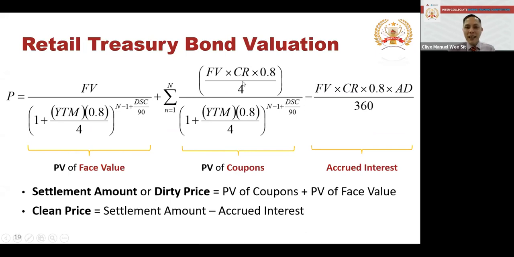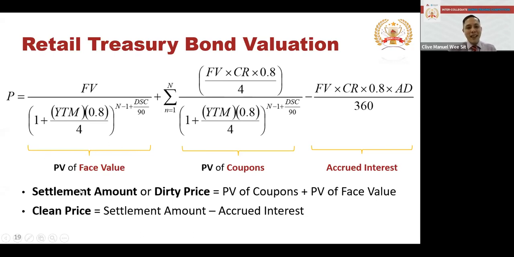And you're dividing by the number of times you're receiving the cash flow within the year. So 4 times for a quarterly bond and 2 times for a semi-annual bond. And then you also have to adjust your exponent because it's possible for you to buy the bond in between coupon payment dates. So you cannot use an exponent that is a whole number. It has to be fractional because of the lapse of time since the last coupon date or the issue date.